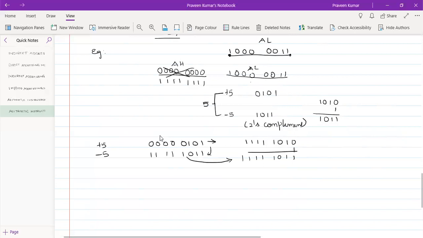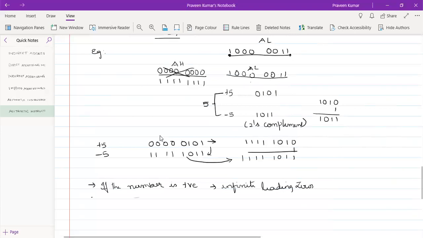In short, I can say that if the number is positive, then we can have infinite leading zeros.